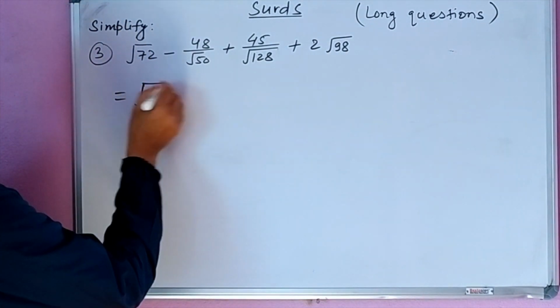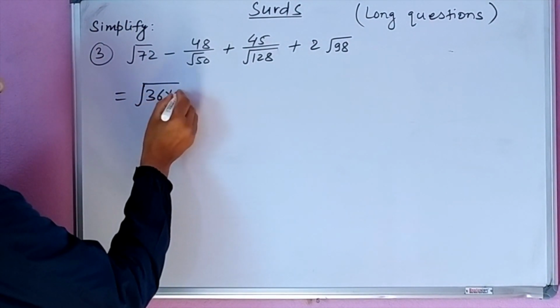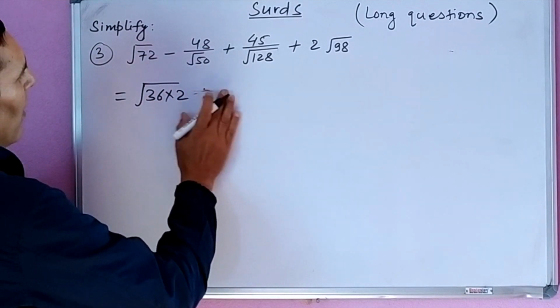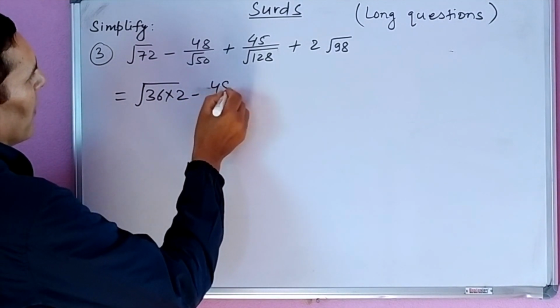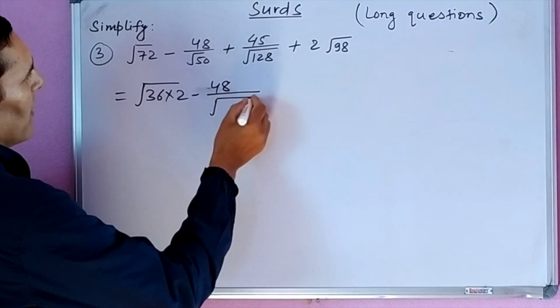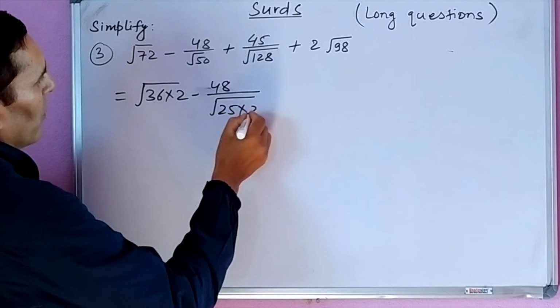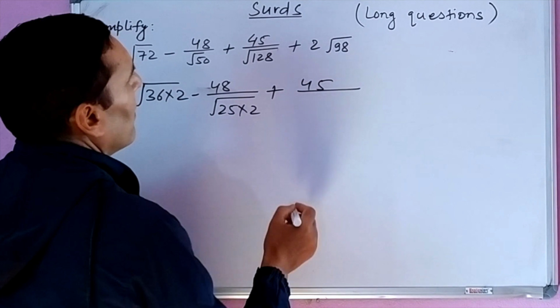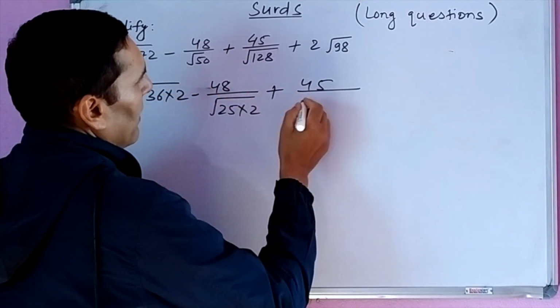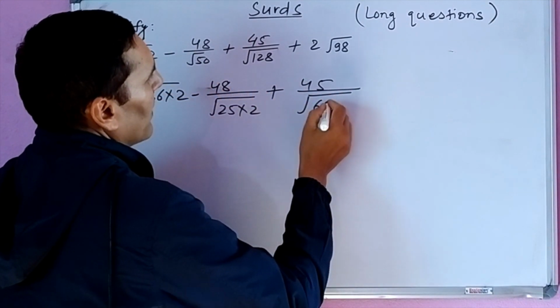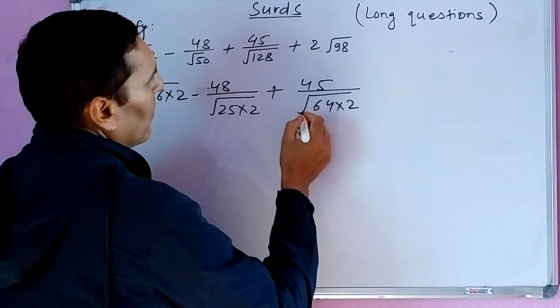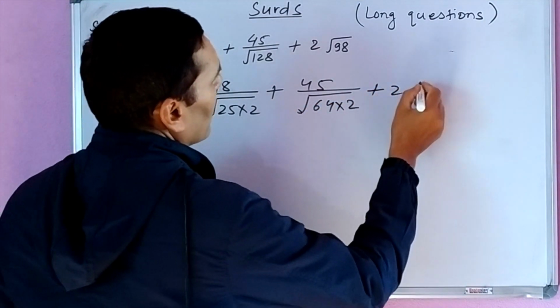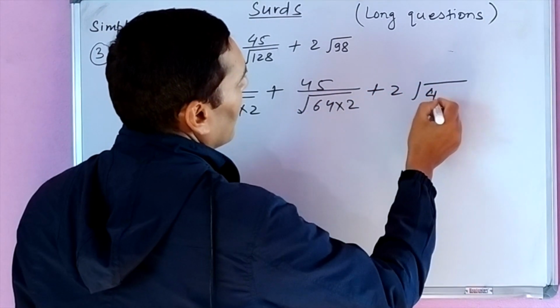So it can be written as 36 into 2, minus 48 upon this 150 can be written as 25 into 2, 45 upon 128, it is 64 into 2, plus 2, 49 into 2.